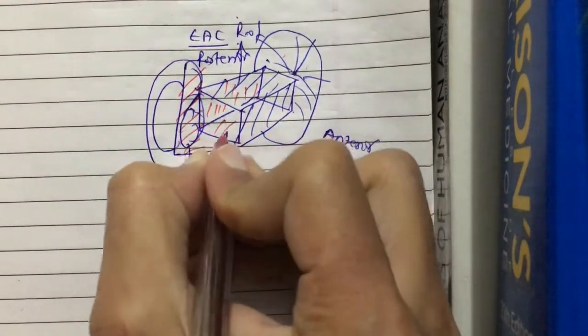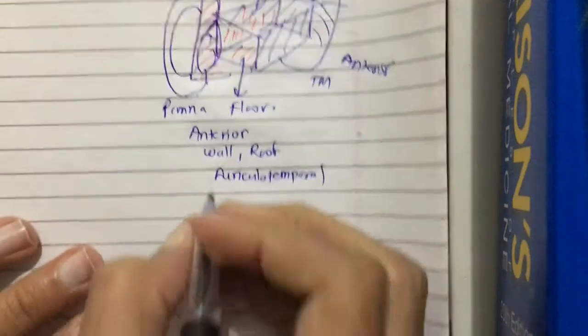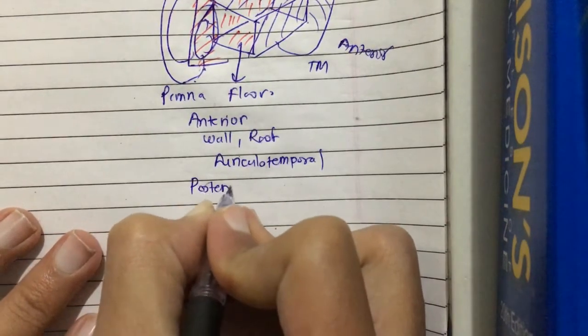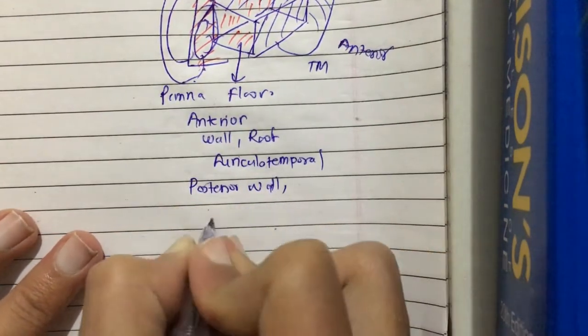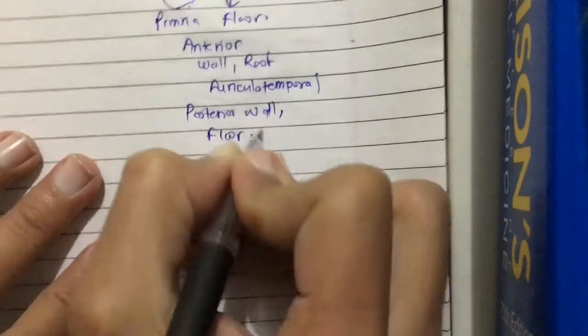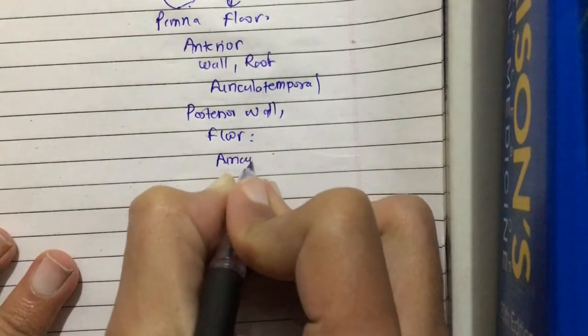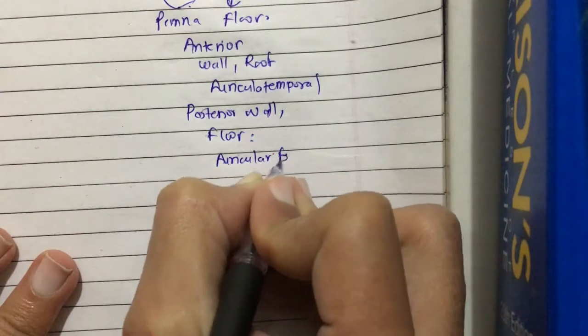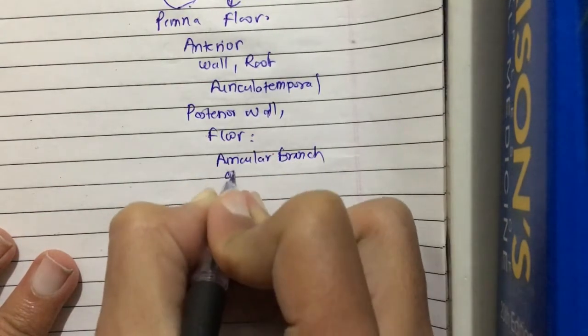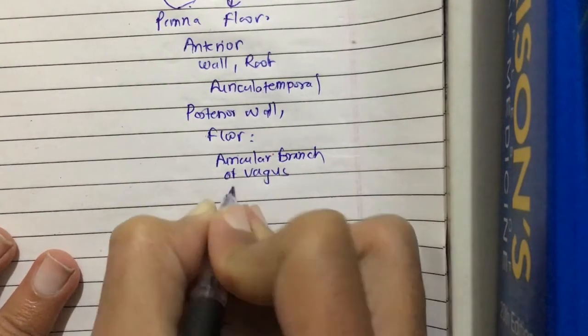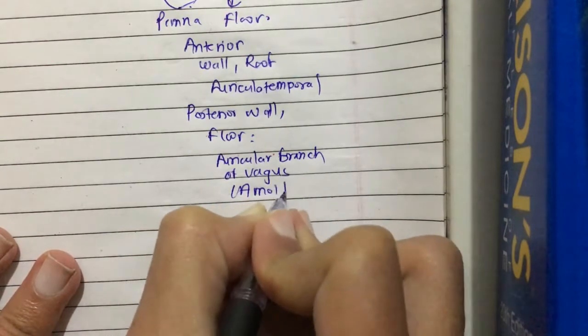Whereas the posterior wall and the floor are supplied by the auricular branch of the vagus nerve, that is known as Arnold's nerve.